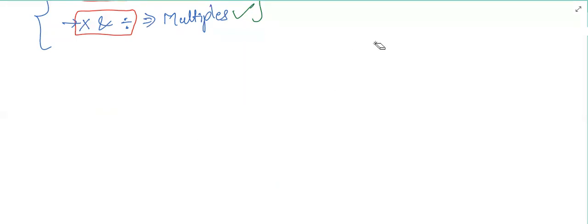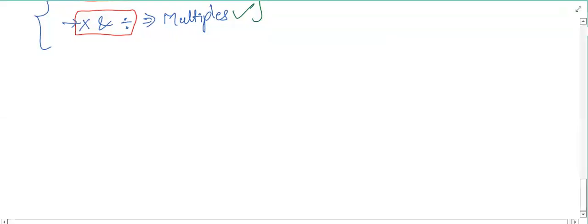For 71 and 100, at least into 2 is not possible, so we'll take the difference only. Suppose 72 is there and then 156. In that case it is better to try with into 2 instead of taking the difference.